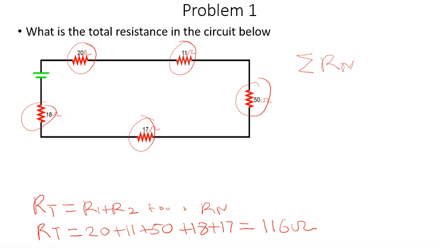If it is an MCQ, since the answer is 116 ohms, they can have options like 116 volts, 116 amps, 116 ohms, just to confuse people. So the questions are really tricky; the course is not difficult. Now I want us to move on to parallel resistors.